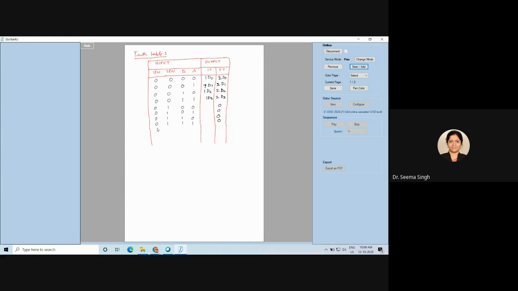And the first mux enable is 0, so based upon this select line, you will get your data output. Same 1D0, 1D1, 1D2 and 1D3 will go on, right? But because your second mux is not enabled, you are getting your output as 0. Next, when we go for the next 4 cases, what will happen?